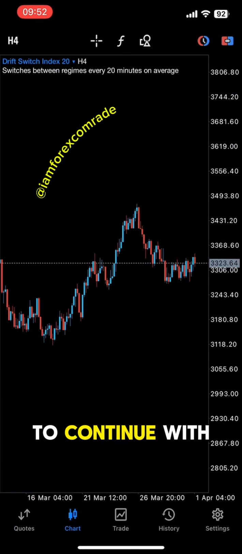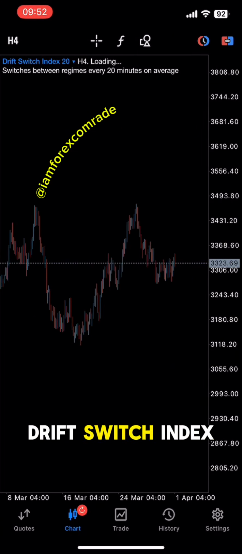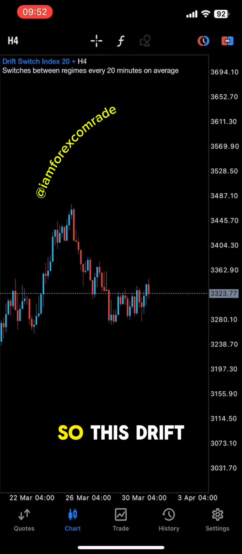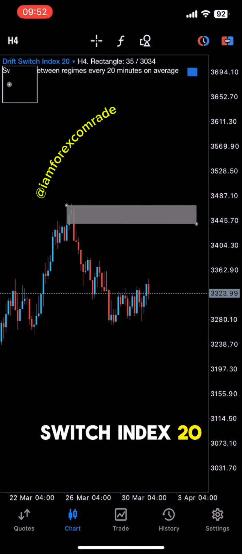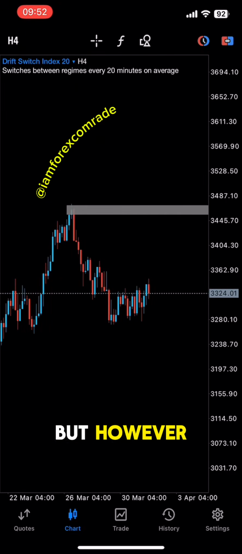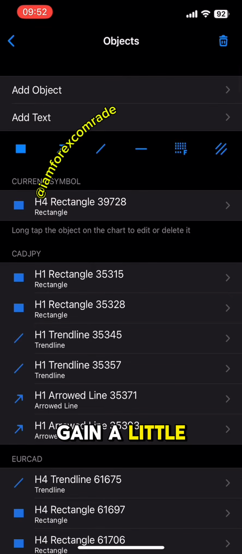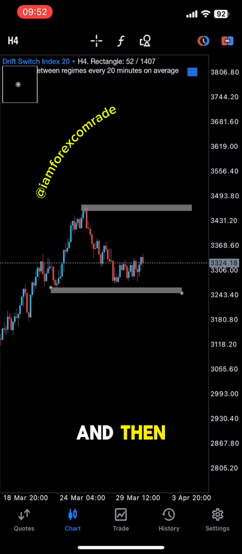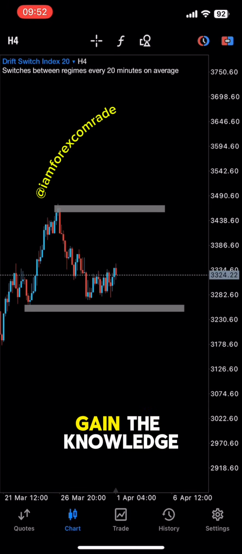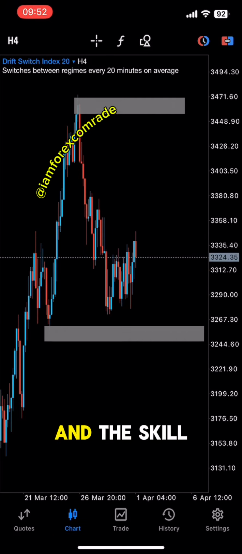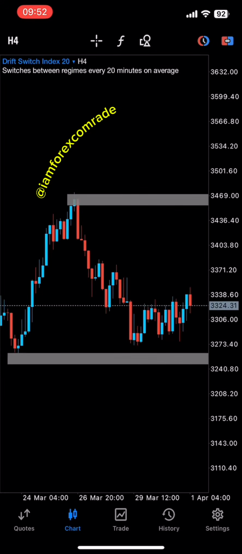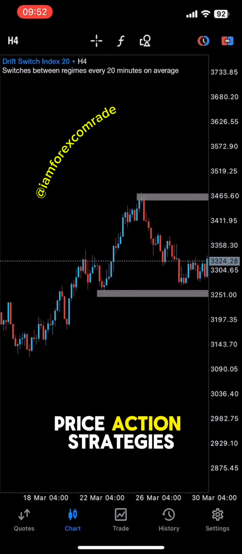So I'm going to continue with Drift Switch Index 20. This Drift Switch Index 20 is not that volatile, but I'm going to try to make a little bit of profit, and you can also gain the knowledge and the skill of trading using simple price action strategies.